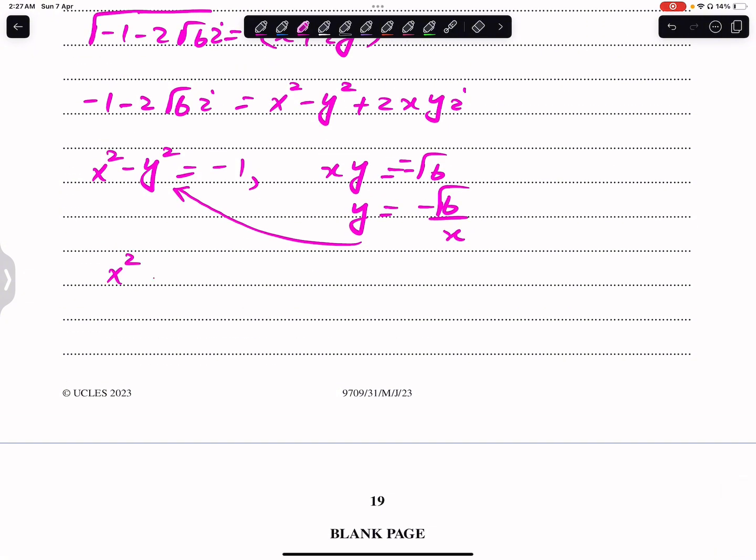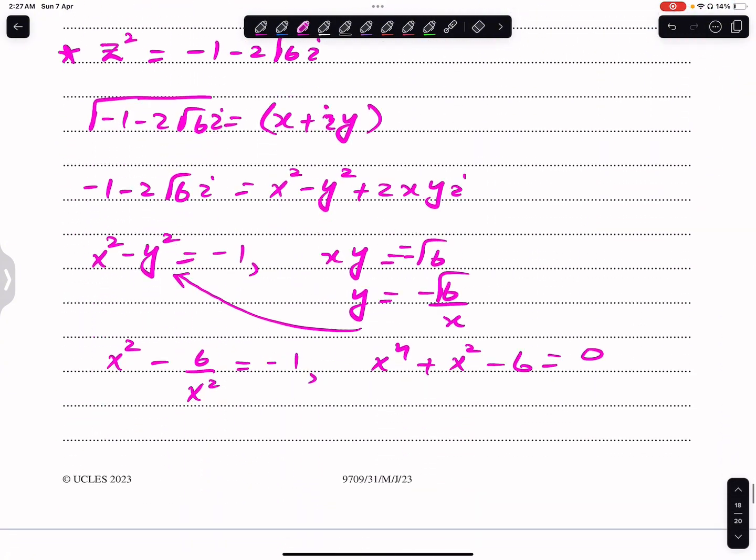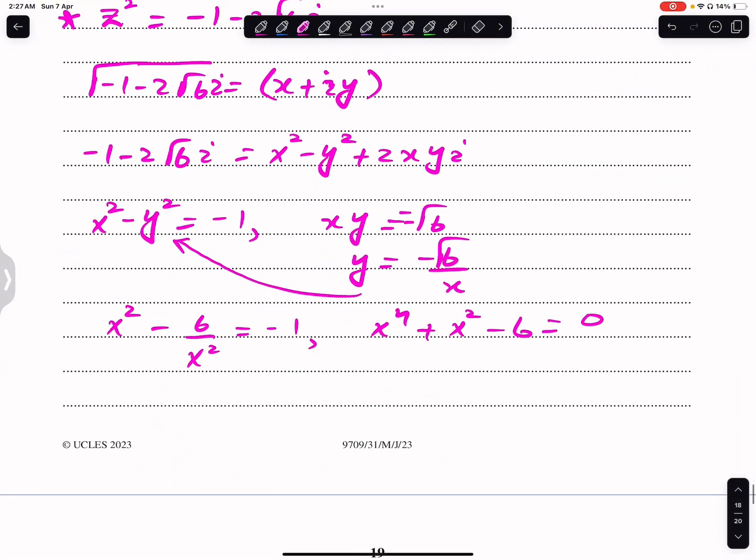So x² minus 6 over x² is equal to minus 1. So x⁴ plus x² minus 6 equal to 0. Similarly, this was the previous equation. So this will give you x² is equal to minus 3 and x² is equal to 2.